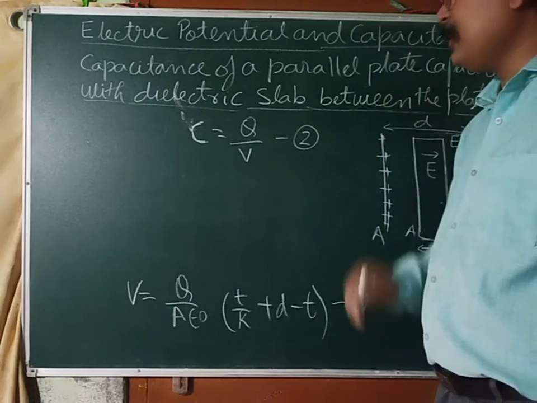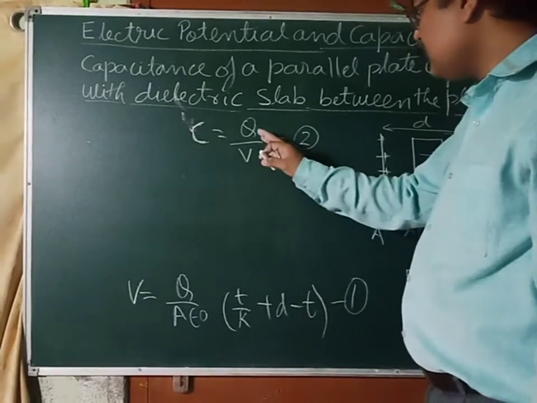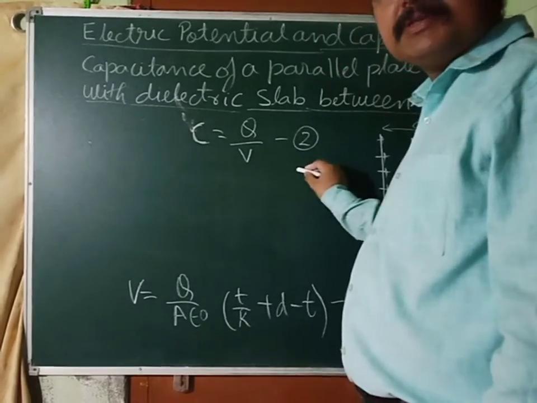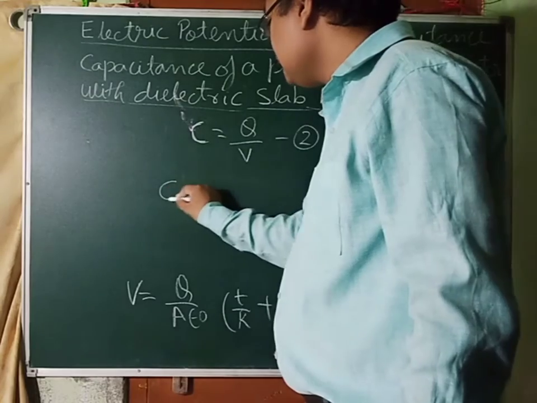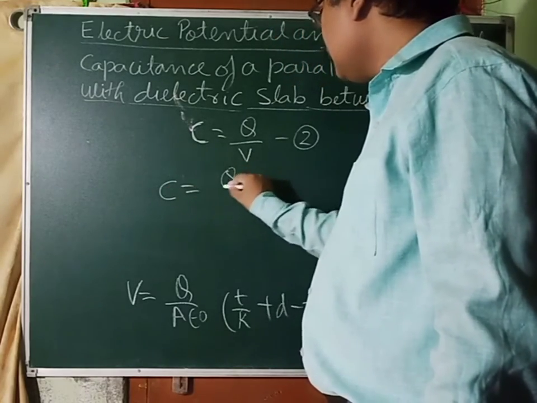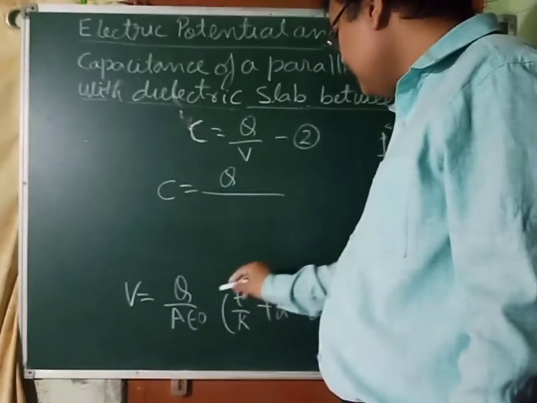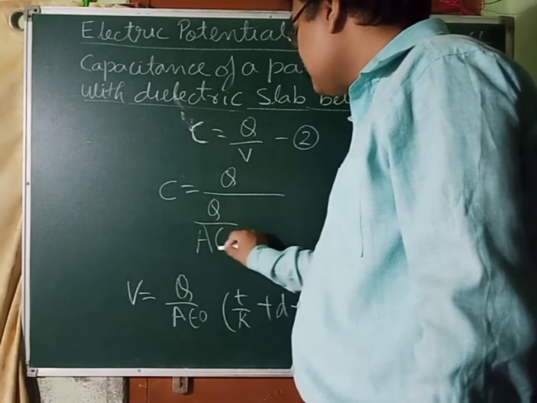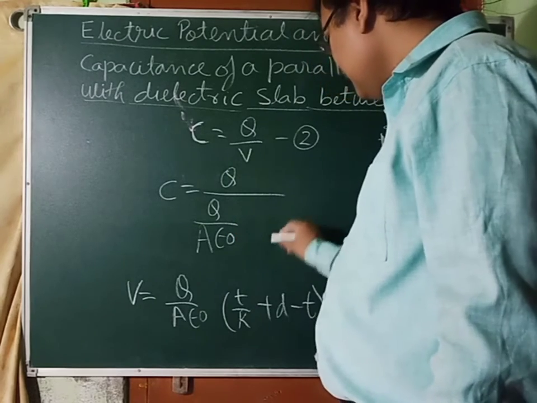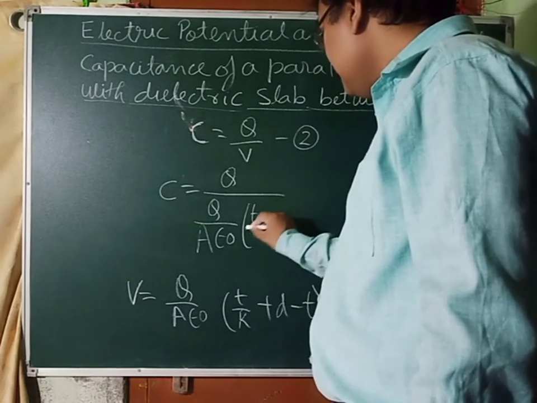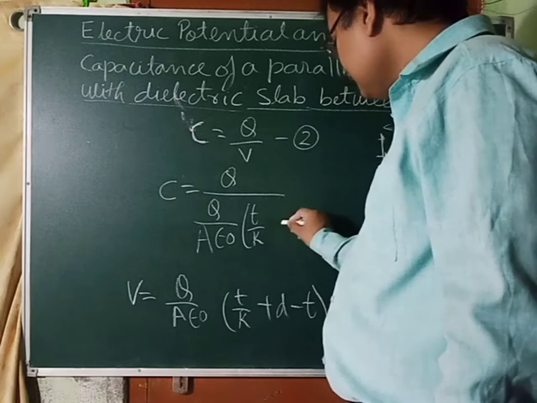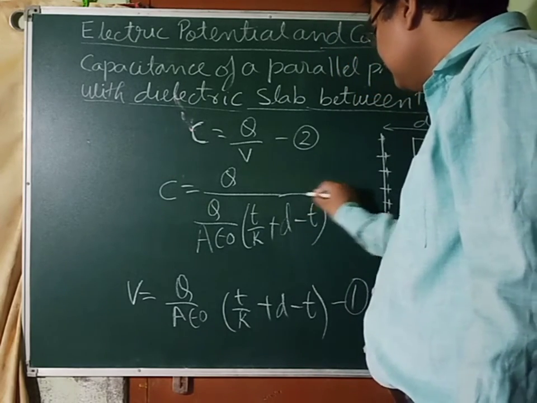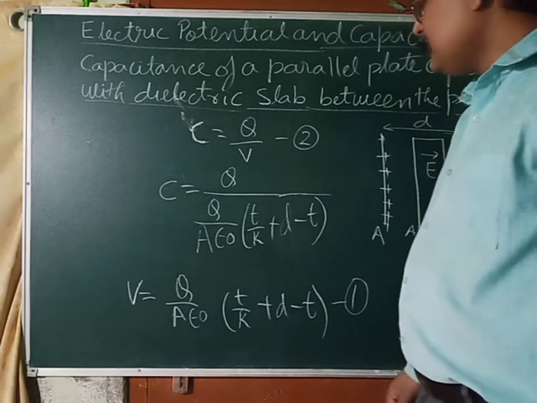Now we are going to substitute this value of V here. So what will we get? C is equal to Q upon V, which is Q upon A epsilon naught into T by K plus D minus T. So what can we have?